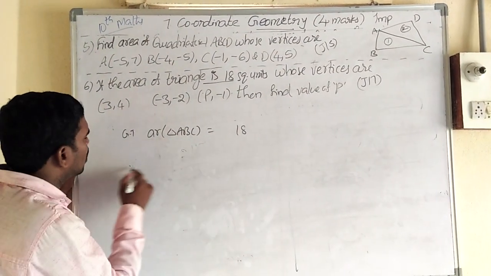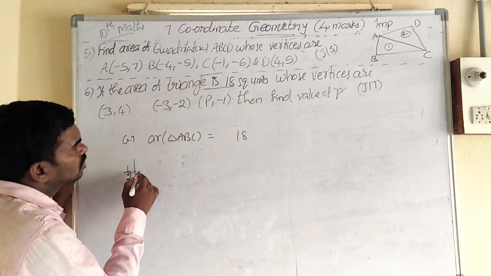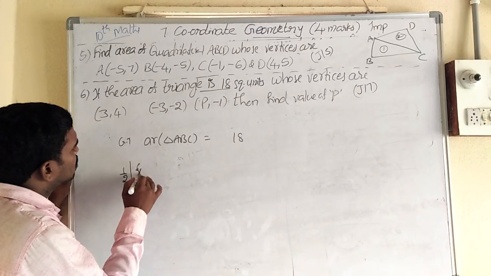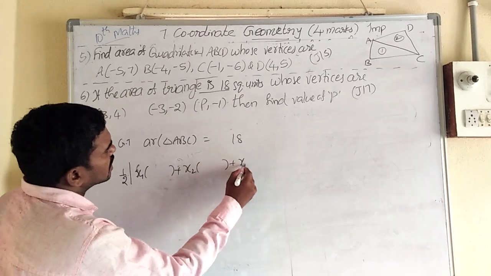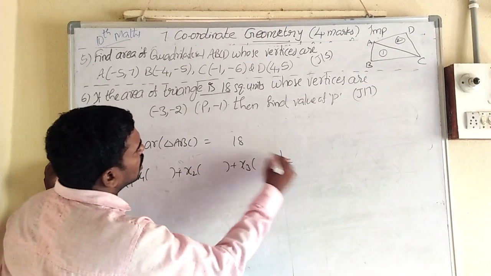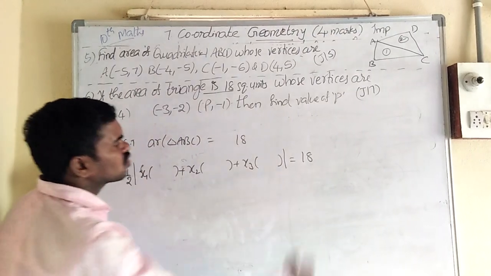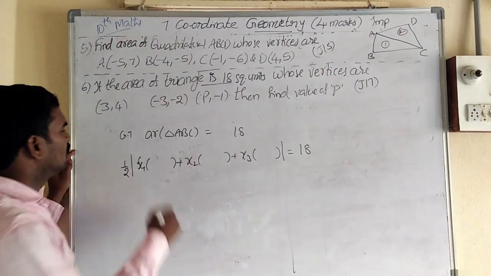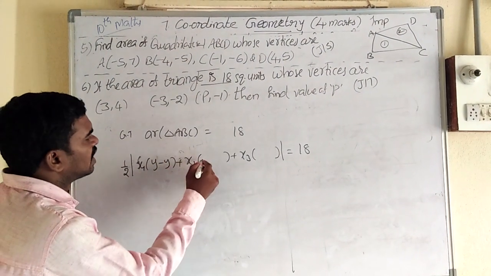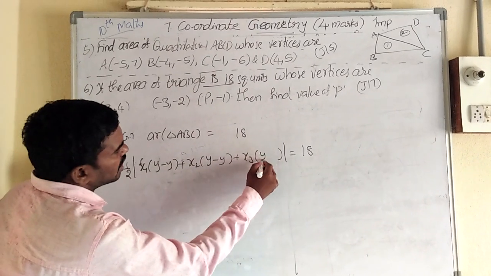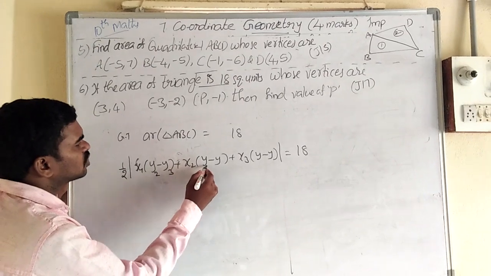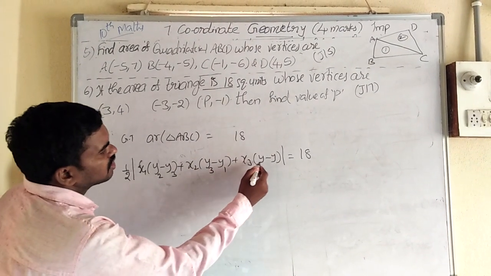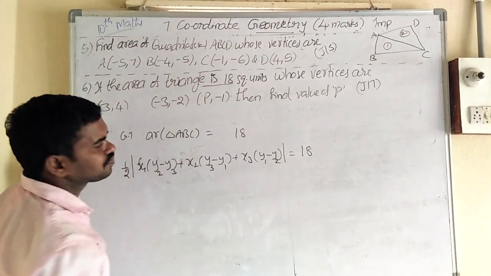What is the area of triangle formula? Half into x1 into plus x2 into plus x3 into, is equal to 18 is given, so continue, equal to 18. x1 into what? y minus y, y minus y, y minus y. So after 1, 2, 2 after 3, after 2, 3, after 3, 1, after 3, 1, after 1, 2.